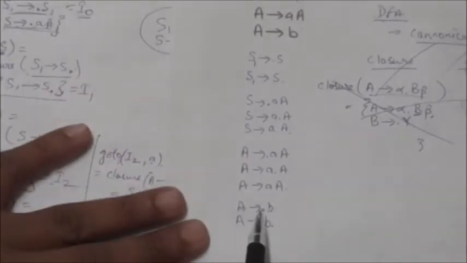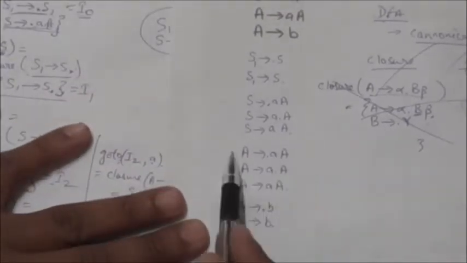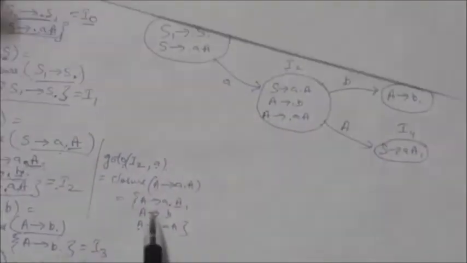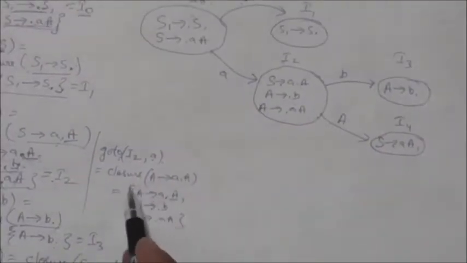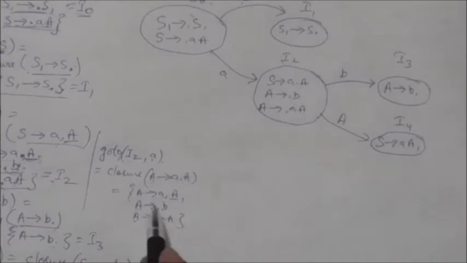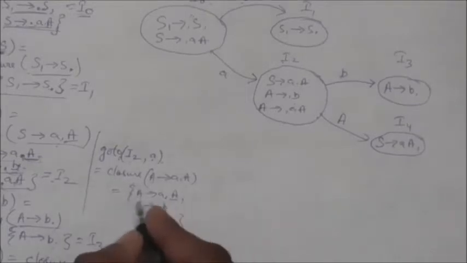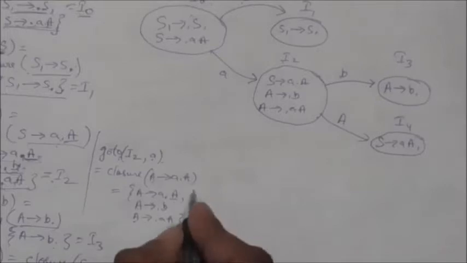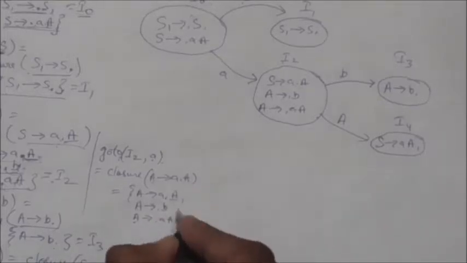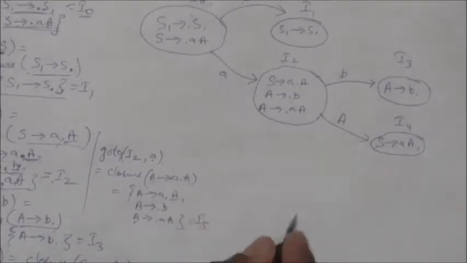So we will add these items A derives dot B, and A derives dot AA. These two items will also be added to the closure. Now when we add these new items, again we will check the position of the dot. Here you can see that the dot is not preceding any non-terminal symbol, so we will stop there. So this set we have got. Let us call this state I5.